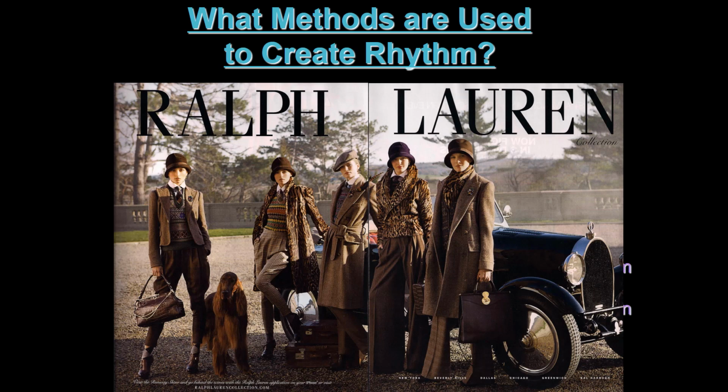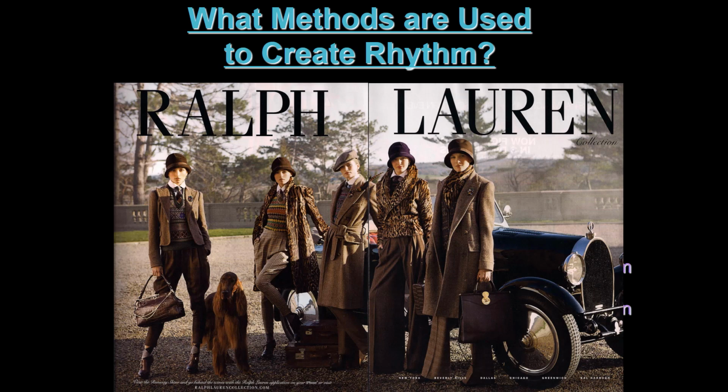Another example would be this Ralph Lauren advertisement. What we're doing here is playing with repetition of colors. We have neutral textures, furs, animal prints. The lines in the jacket are very similar. The lapels are as well. We also can see some broken rhythm.